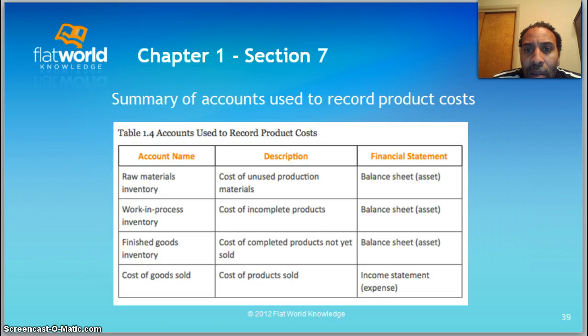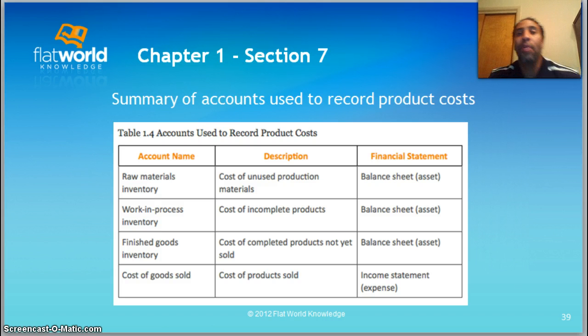So, a summary of the accounts used to record product costs, and where they lie. Account name: raw materials inventory, the cost of unused production materials, and it goes on the balance sheet as an asset. If you have $1,000 worth of wood, that's $1,000 worth of wood on the balance sheet. Work in process inventory, the cost of incomplete products, right? So I have half a desk that goes on the balance sheet as well.